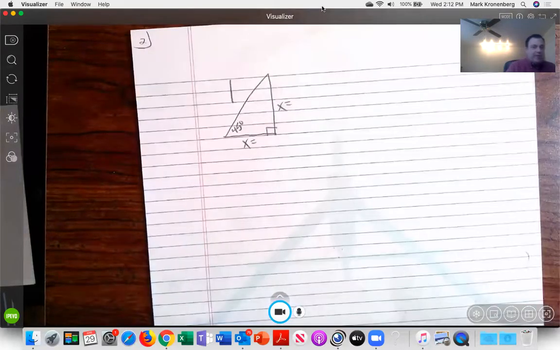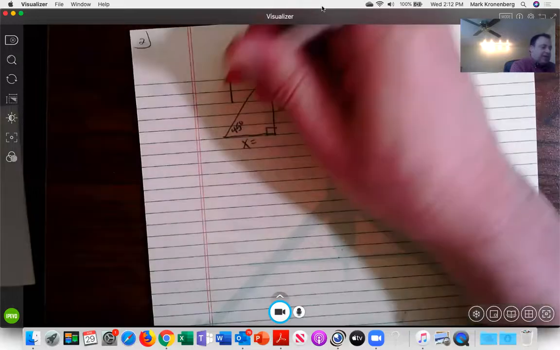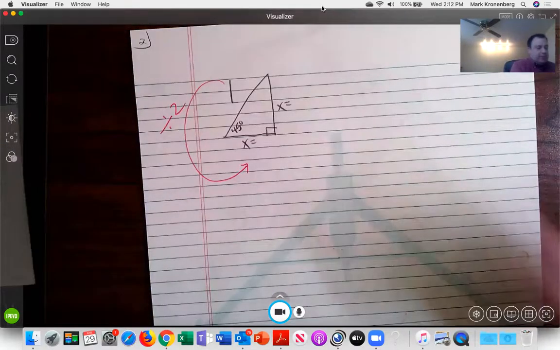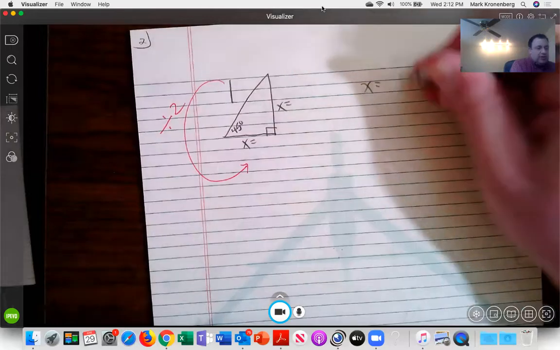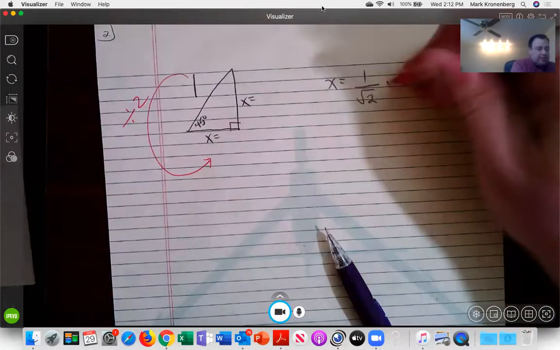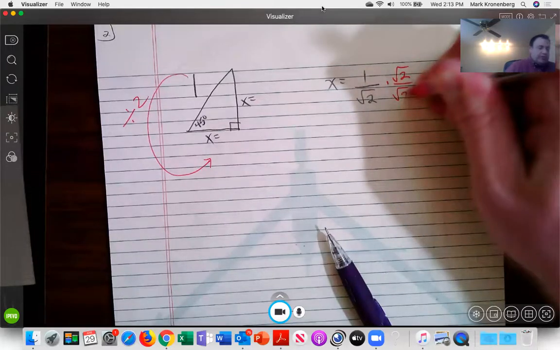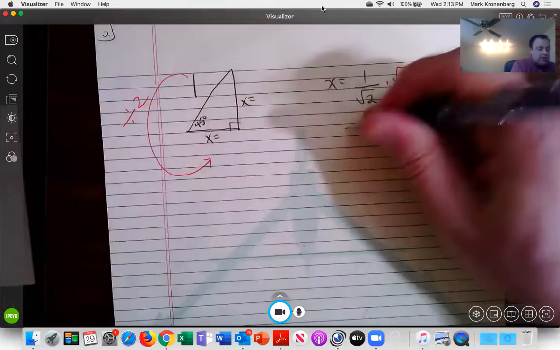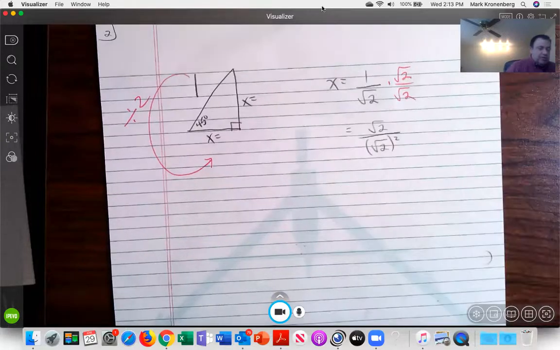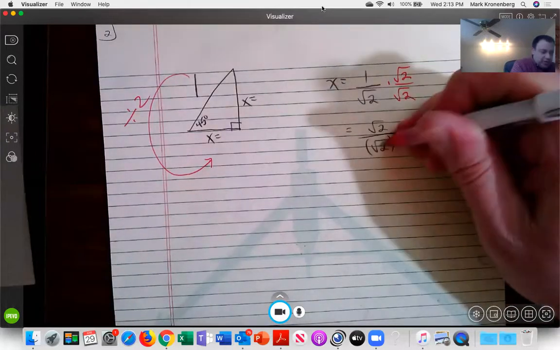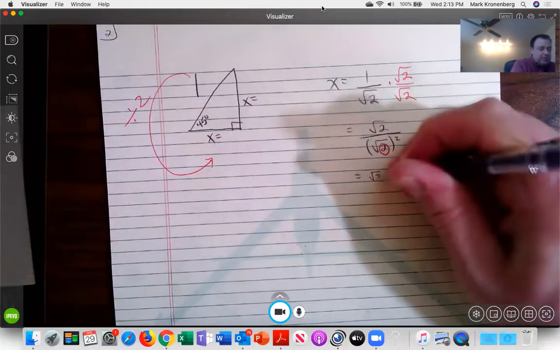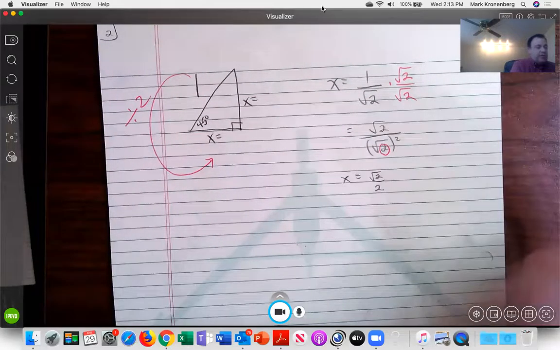So to go from hypotenuse back to either leg, divide by root 2. So x equals 1 divided by root 2. And as before, we can rationalize the denominator. So just multiply the top and bottom by root 2. We will get root 2 over root 2 squared, or just root 2 over 2. That's going to be one of the most important numbers we're going to learn in the unit circle in another lesson. Root 2 over 2. So each leg here would be root 2 over 2.